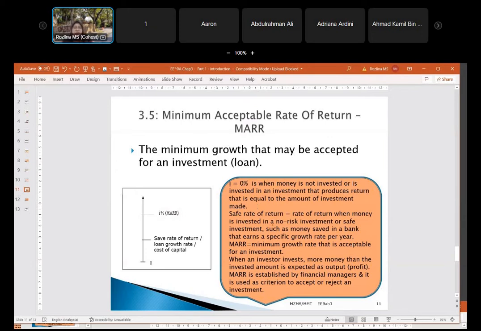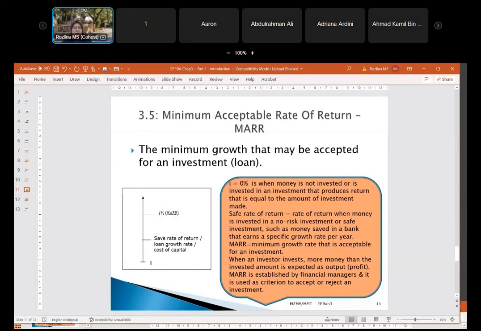Okay, safe rate of return: the rate of return when money is invested in a no-risk or safe investment, such as money saved in a bank that earns a specific growth rate per year.